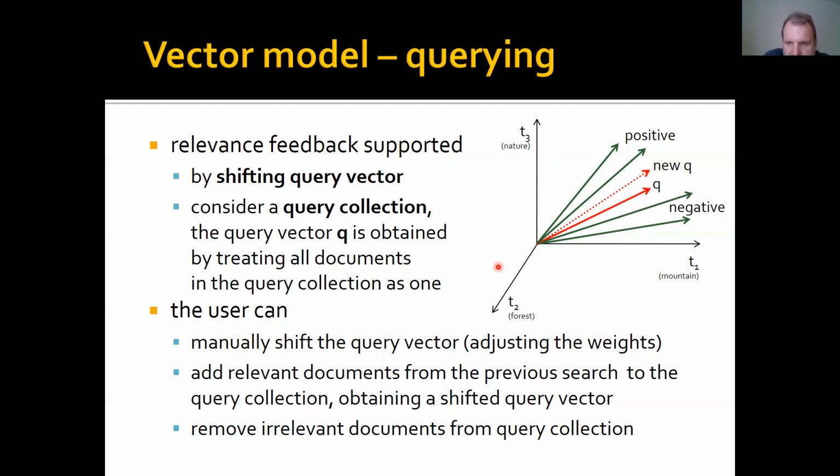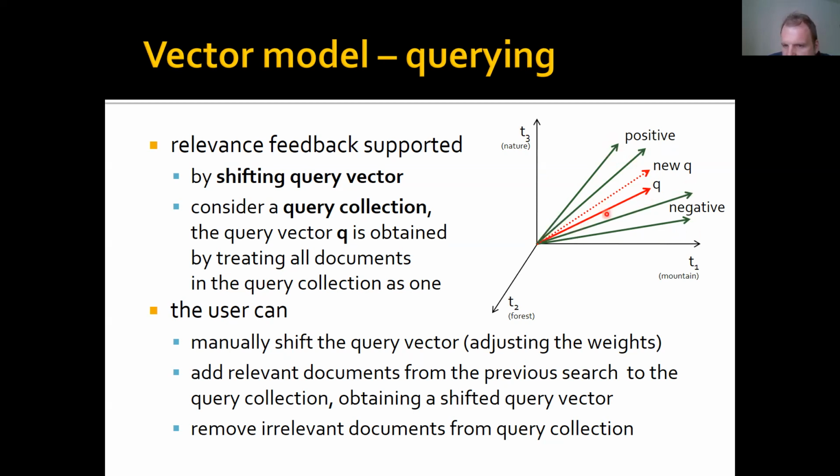And this is very easy, because if we have this original query Q and we got 4 results, these 2 vectors and these 2 vectors, and the user marked these 2 vectors as positive examples, meaning these documents I wanted to return, and these 2 as negative examples, meaning these 2 I didn't want to return, these are bad. Then the algorithm in the next iteration can basically prefer the documents that have vectors close to these ones. And this could be done very easily by adding these 2 documents to the query vector and possibly subtracting these 2 documents.